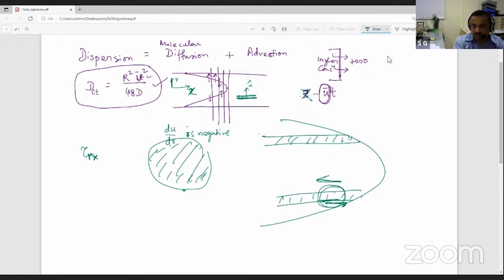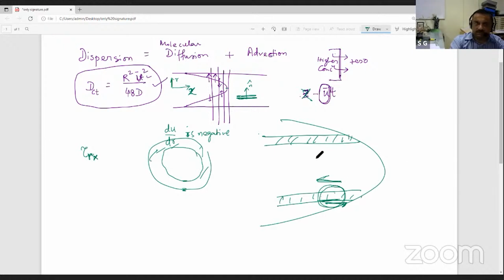But I am not talking about that. I am talking about an annular element like this, and I'm talking about the stress at this point and the stress at this point, not the stress at that point. That's why they are in two different directions. So this is one point I must make note of.